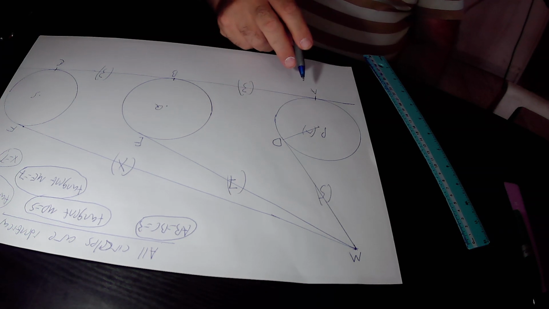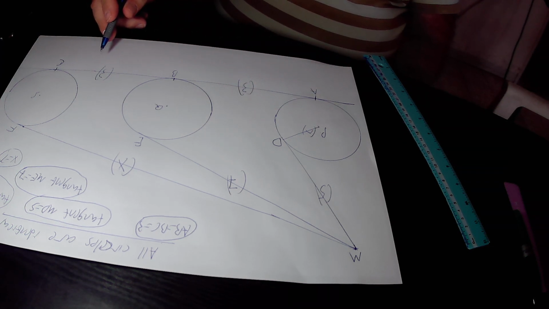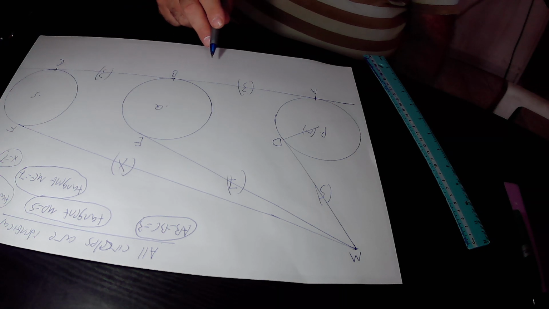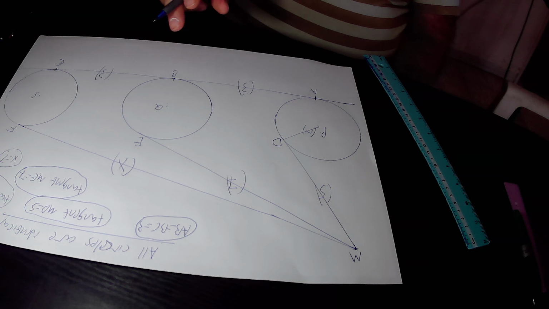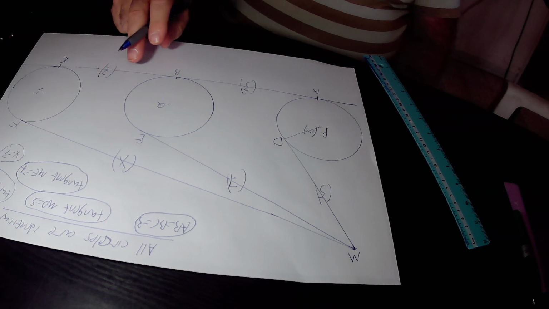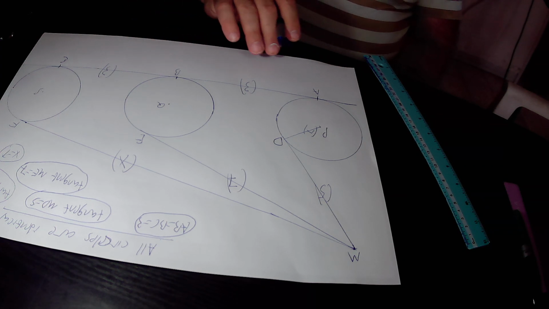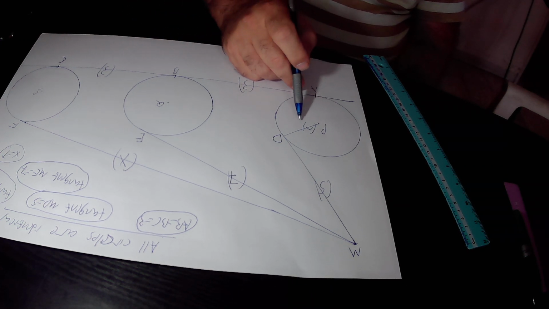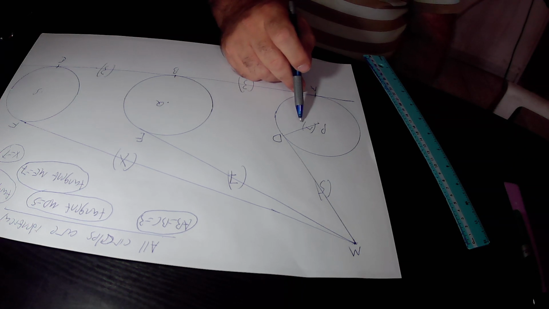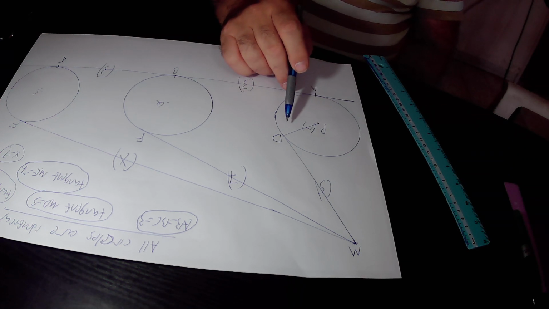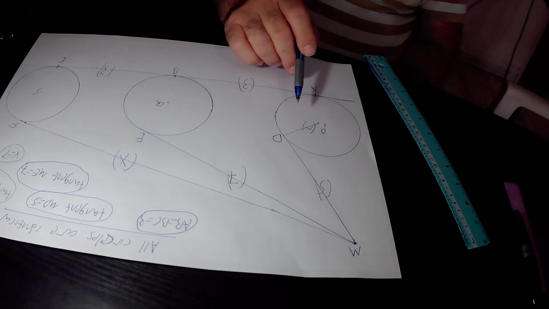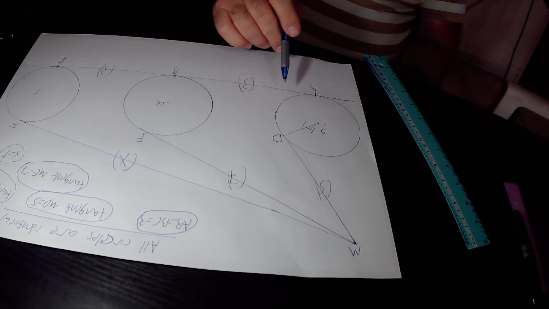Because those three circles are identical, the radii of those circles must be equal to each other. Also, the radius of those two circles will be equal to R. And here we have the radius PD that is equal to R. The radius PD is drawn to point D, that is the point of tangency of tangent MD with this circle.